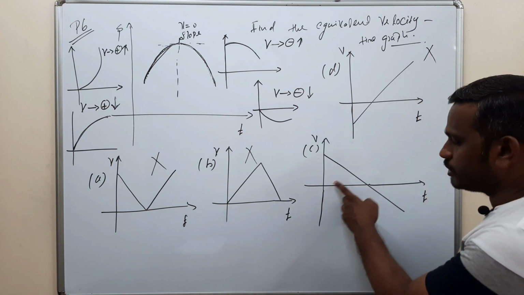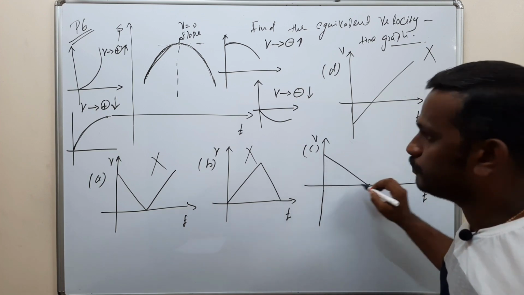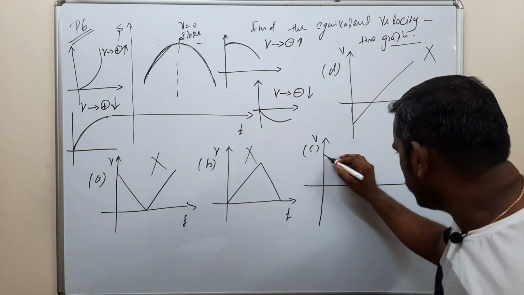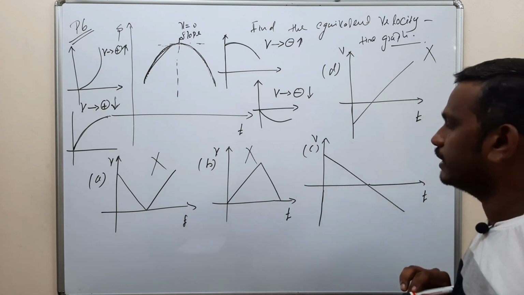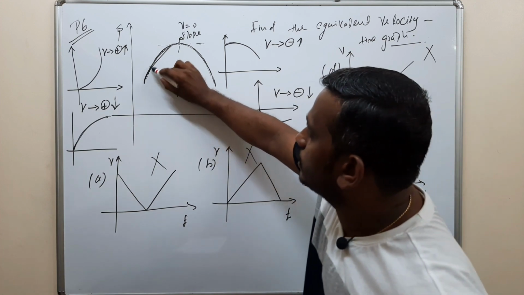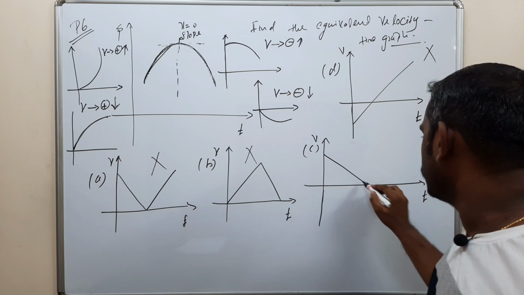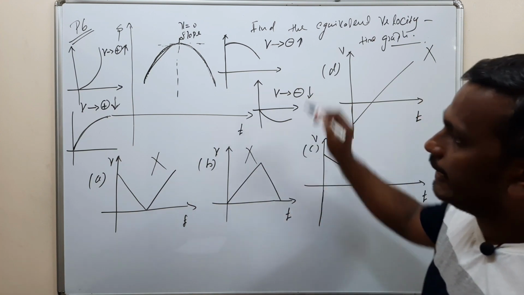When you come to this option, first velocity is positive and decreasing. At a particular point the velocity becomes 0.